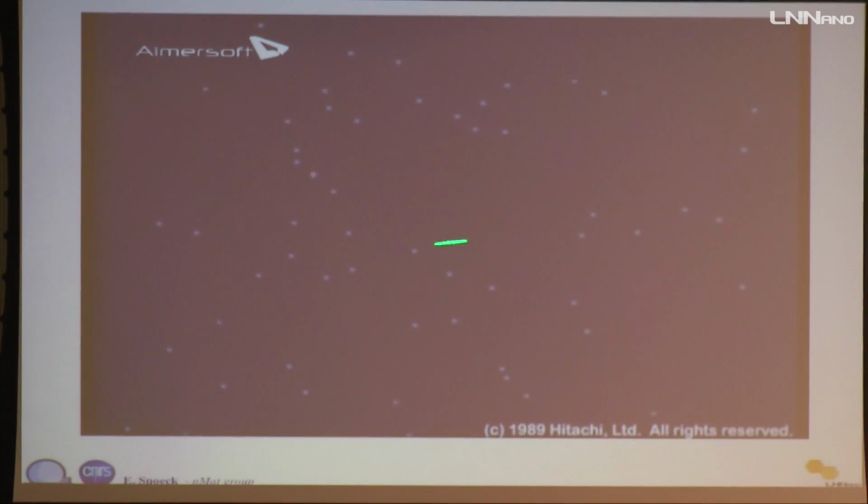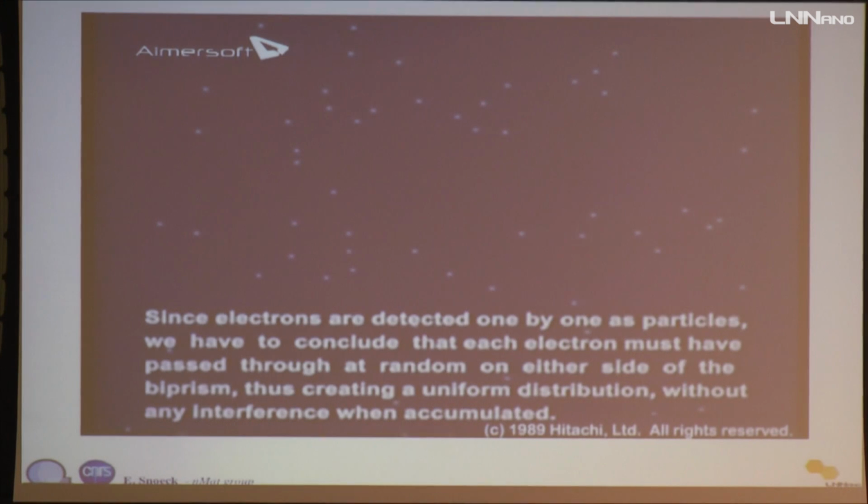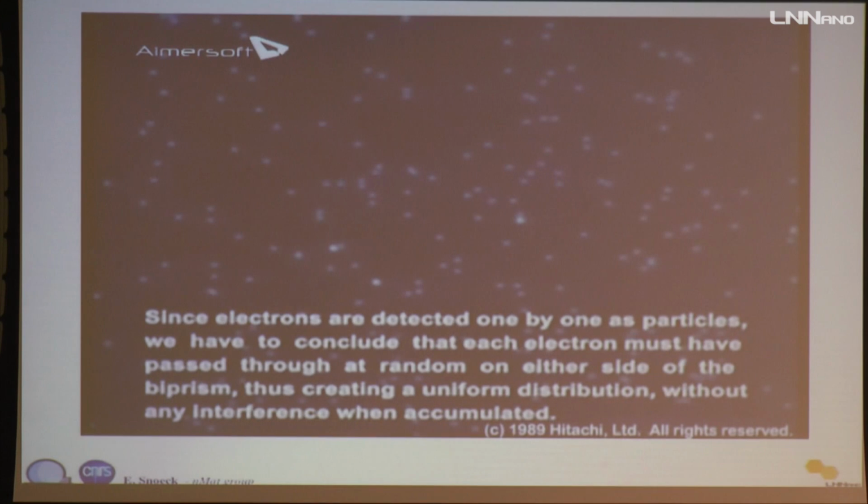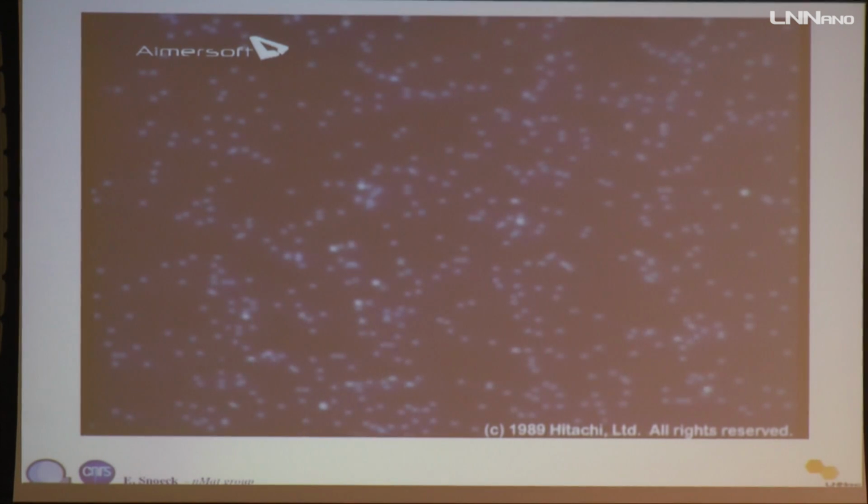Typically what you are observing is a screen on which electrons are arriving, making a spot each time they hit the detector. The whole experiment takes about 30 minutes, so it will be sped up at certain times. But what you see is the impact of the electrons on the detector.